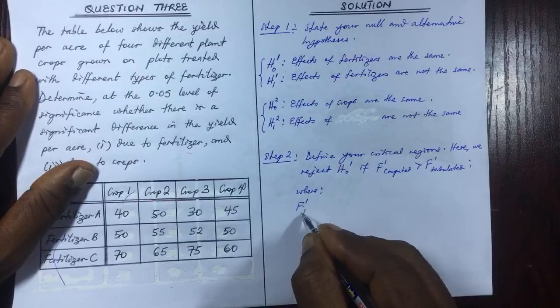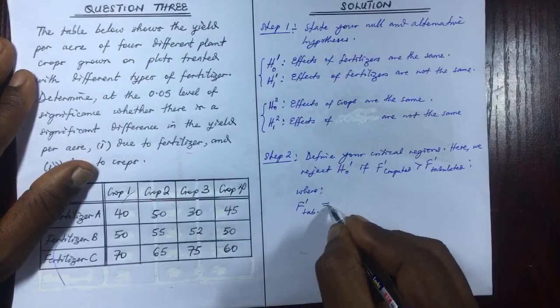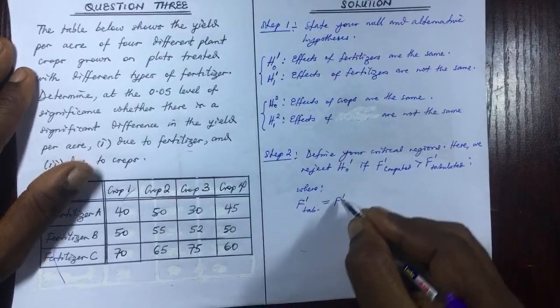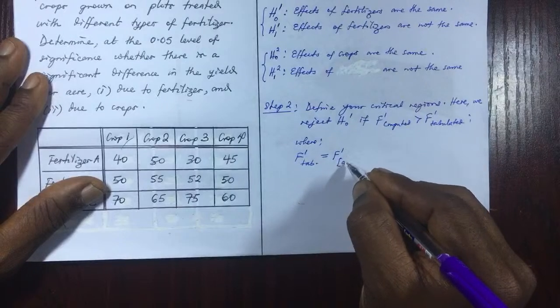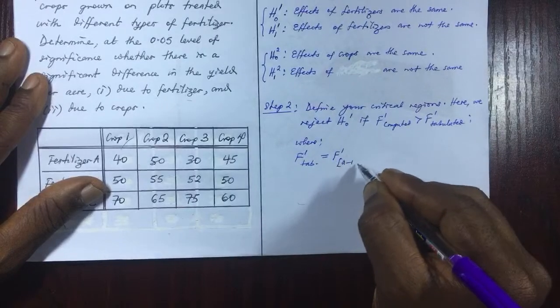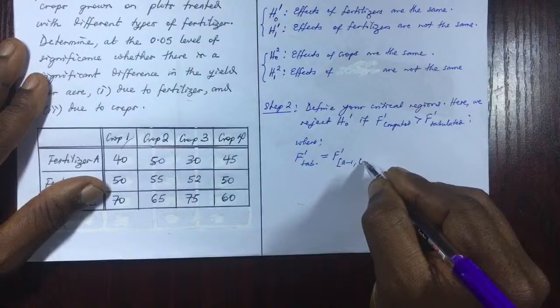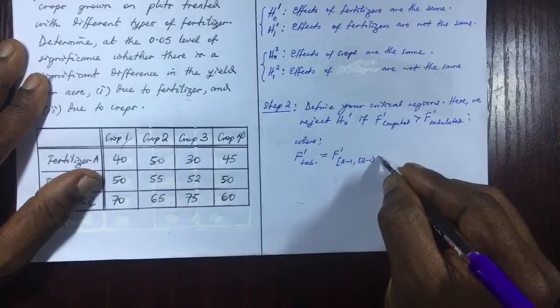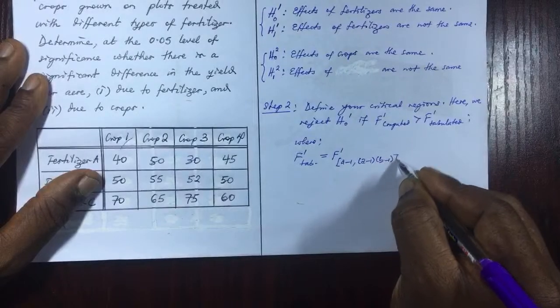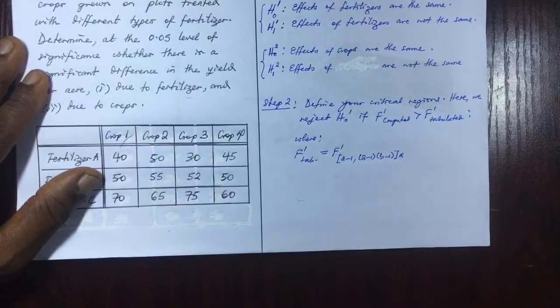F1 tabulated for short is the same as F1 in bracket A minus 1, comma, A minus 1 and B minus 1, at alpha level of significance.